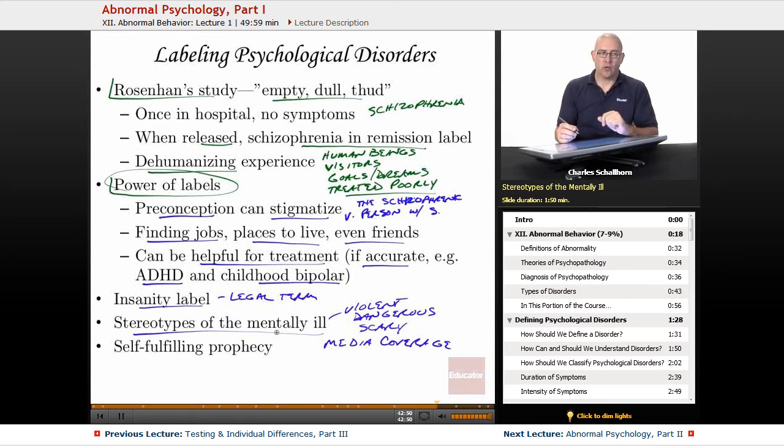Whether it's the guy who shot up the Colorado movie theater, or the two boys who shot up Columbine High School, the man who did the shooting at Virginia Tech. All these different shootings and violent actions, we find out that there's some mental illness involved. And so we make that illusory correlation, this connection that, oh, people who are mentally ill must be violent.